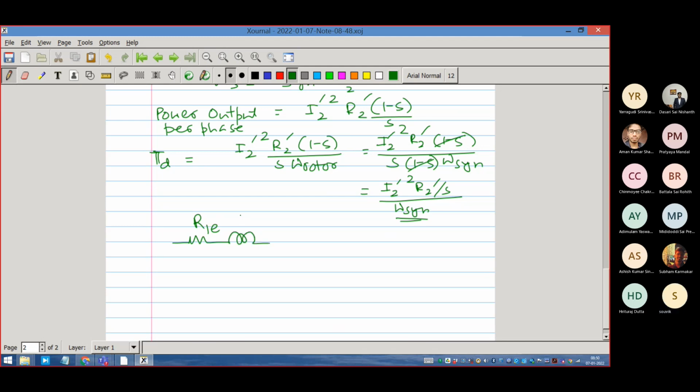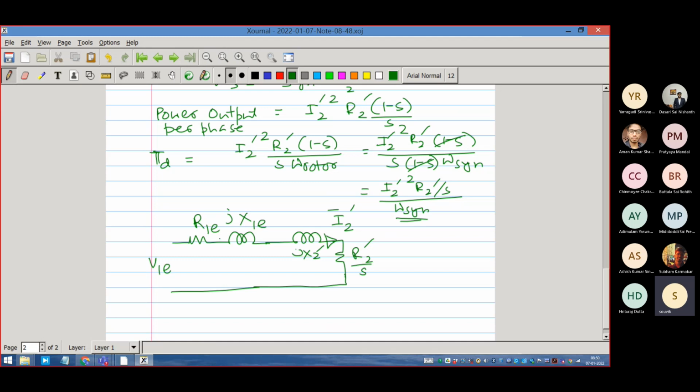Then jX1E, the voltage supply is now V1E. Let us say E means equivalent, Thevenin equivalent. That is the voltage supply, slightly changed. And then it has become a series circuit, with jX2 dash, and then overall this is R2 dash by S, and the current is I2 dash, because I have done a Thevenin equivalent.